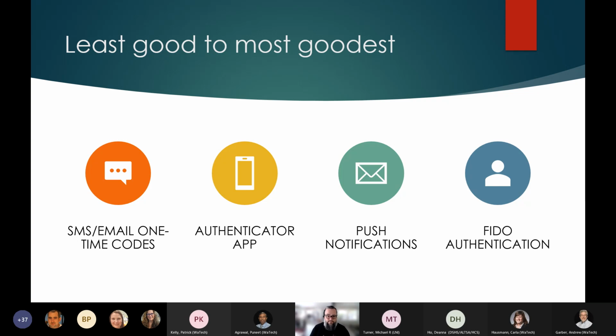I go to log in, I hit my login button, and it pops up on whatever device I have registered. Say I'm logging into a Gmail account and I have my phone registered, it pops up a little box that says, we see you're trying to log in from this region, is that you? And you hit yes or no. If you hit no, it would kill that login right away. If I hit yes, it would let me in.